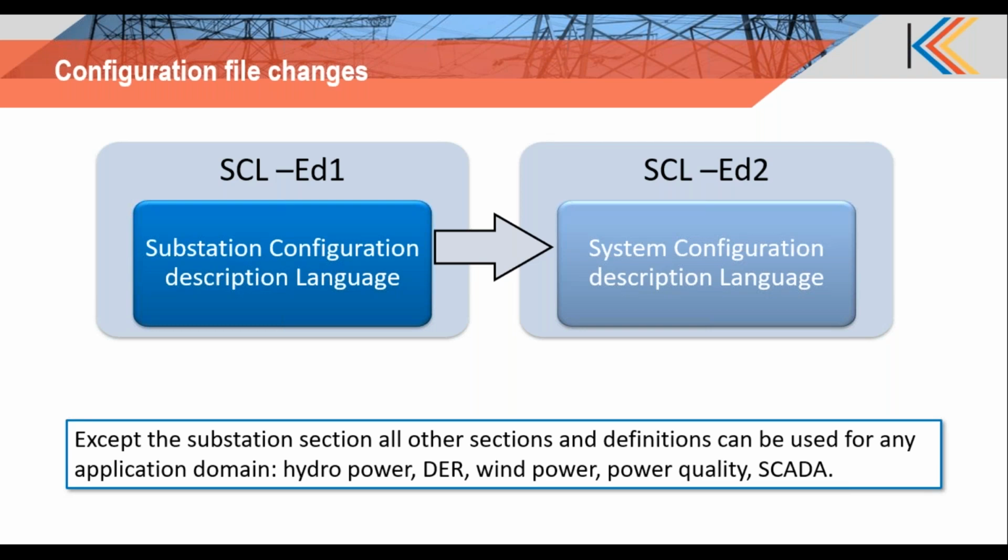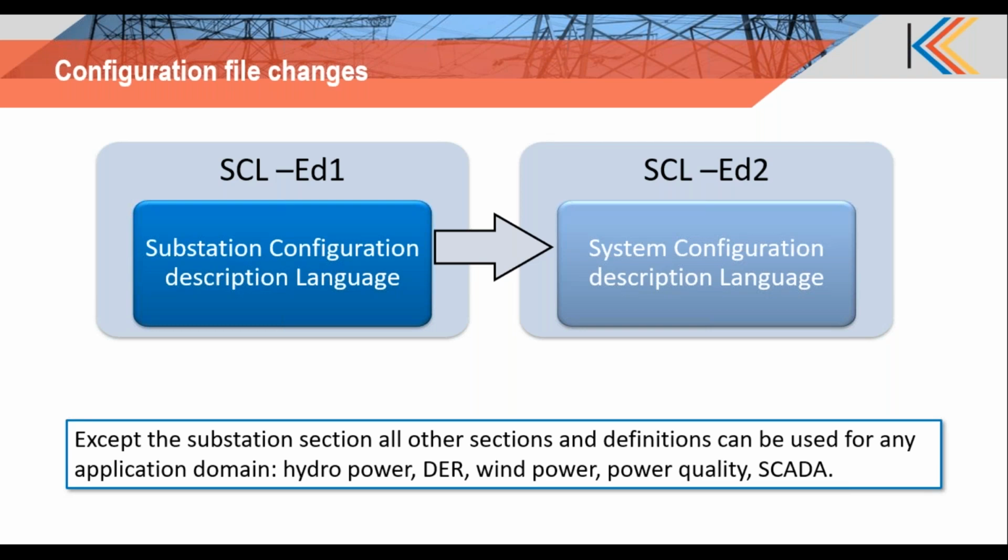And as 61850 is evolving into a protocol that is exceeding or going out of your substation, extending your substation functionalities, it cannot be called substation configuration description language anymore. Instead, the SCL has been rightly expanded as system configuration description language now. So that is, in a nutshell, the major modification between edition 1 and edition 2, and all those functional changes in SCL can be attributed to this change in perspective.